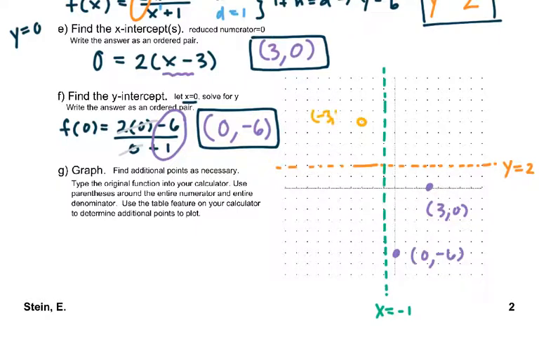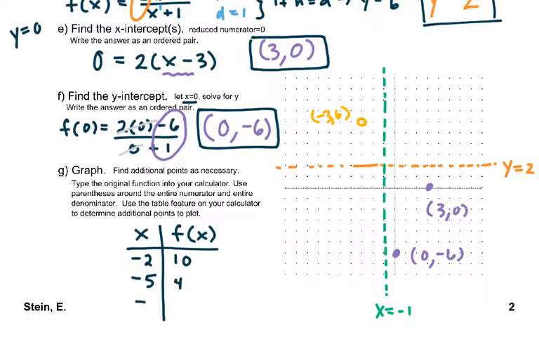You can spend all day making a table of values, plugging a number in, getting a number out. Some other points we might have on our function: (-2, 10), (-5, 4), (-9, 3).